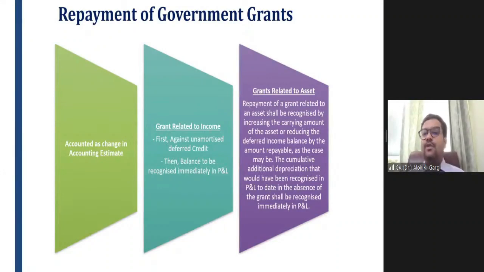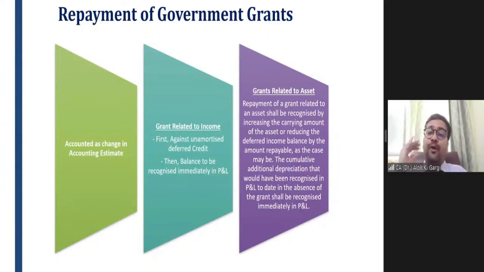So first of all, suppose there was an error in the estimation. The company in the first year, second year, third year was saying we are reasonably sure that we will be able to comply with the condition, and the grant is recognized. But there was a fraud, because the entity wants to recognize the grant income.